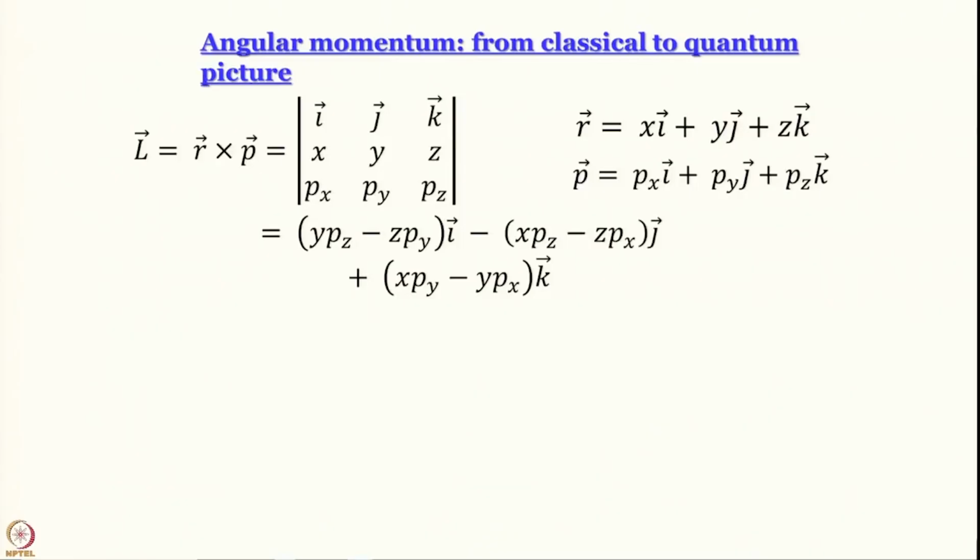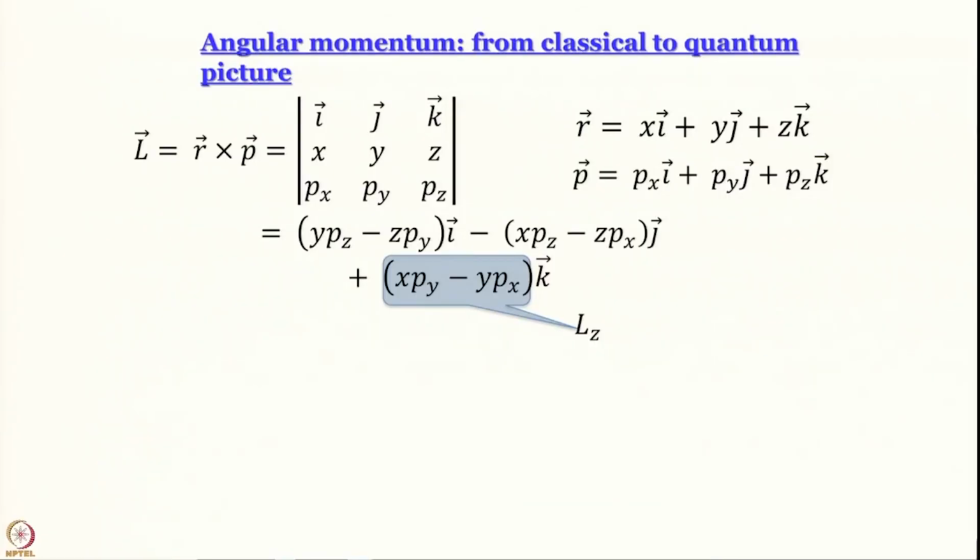Now tell me what is the z component of angular momentum from this expression? Along z you have k vector. So, the z component of angular momentum will be xpy minus ypx, that is your Lz. So, how do I construct the Lz operator?